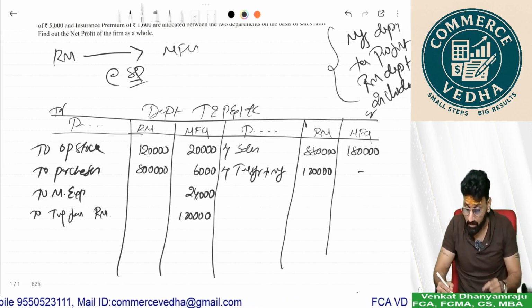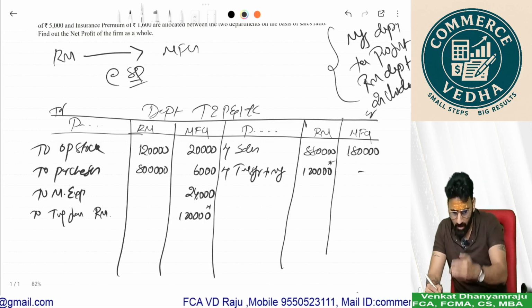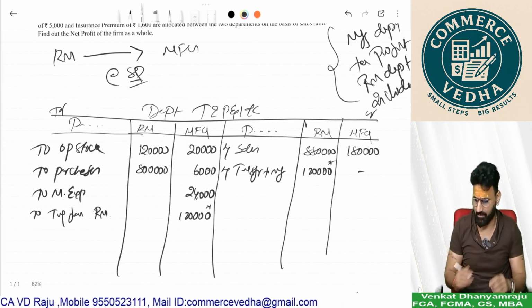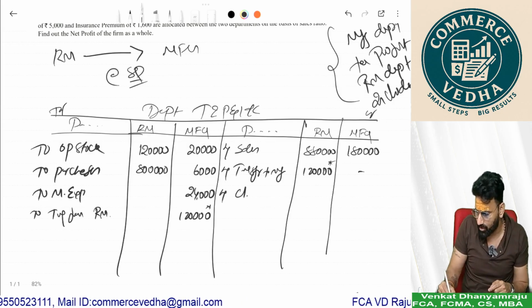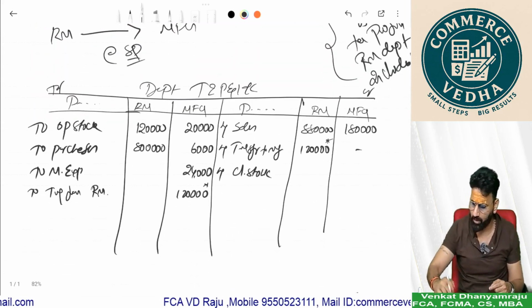Guys, note down, this is important. For raw material it is a sale, for manufacturing it is a purchase, but internal sale and purchase. And then by closing stock, as usual given in the question, copy paste 80/24.